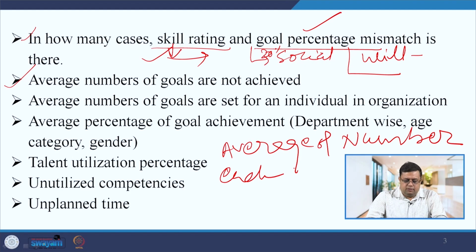Next important thing that you can do, percentage of goal achievement department wise. On the basis of this percentage of goal achievement you can calculate the average, and this percentage will tell you which is the best performing department, which is the worst performing department, right.